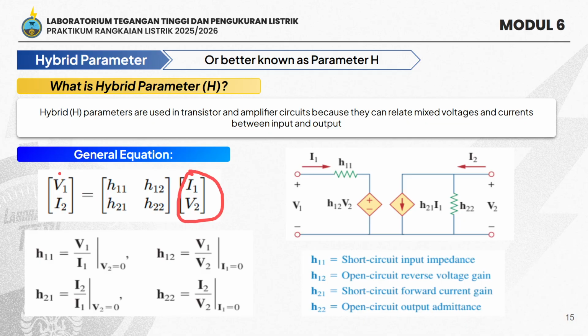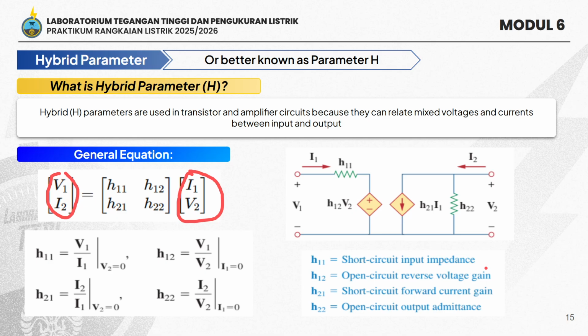And the dependent variable will be the voltage in the input port and the current in the output port. And by that we can apply short circuit in port 2 and open circuit in port 1 to determine the hybrid parameters.